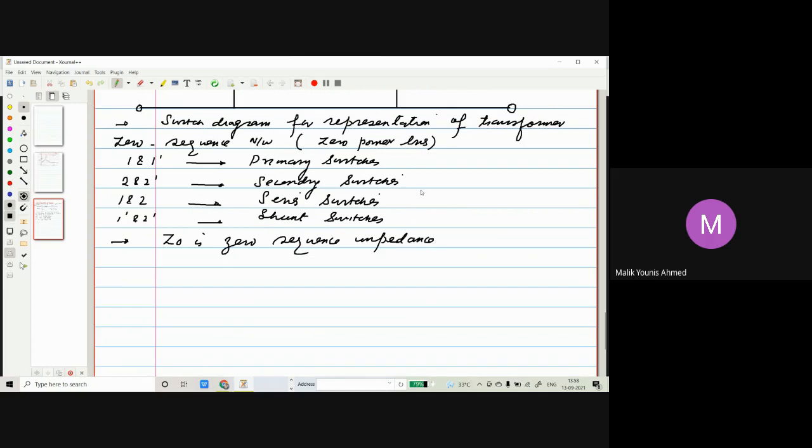Z0 is the zero sequence impedance of the winding of the transformer, and there are two series and two shunt switches, as we have seen.